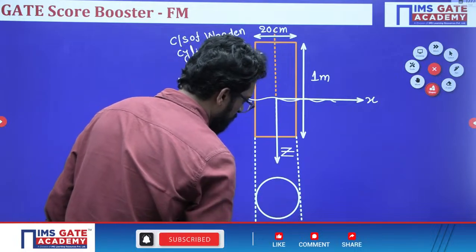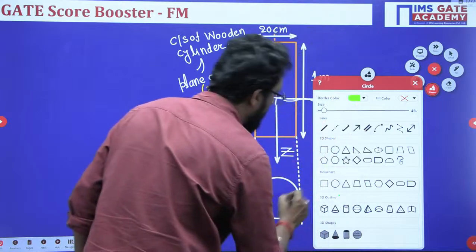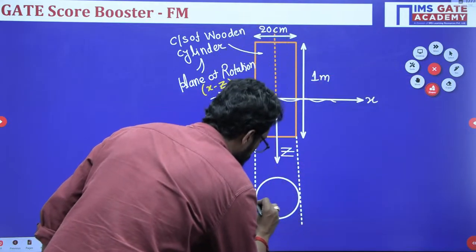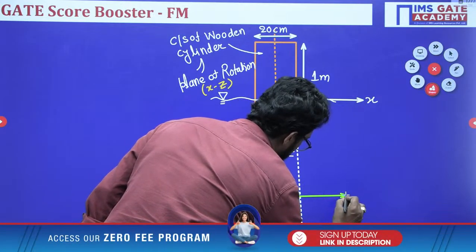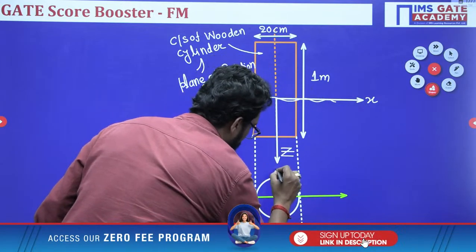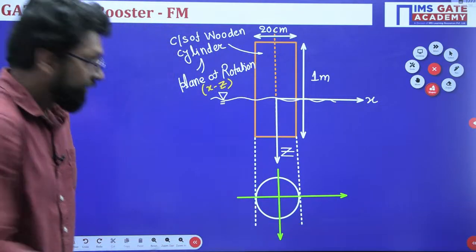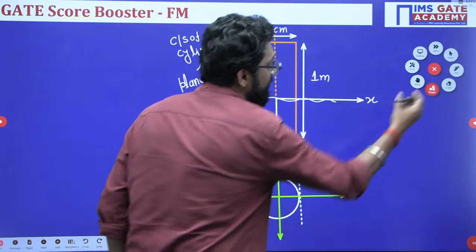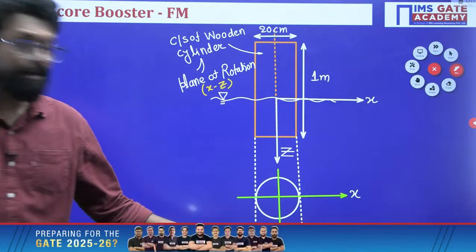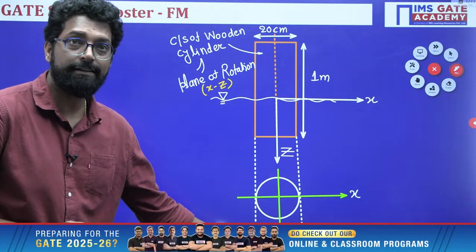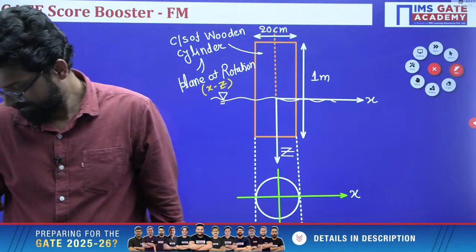Now, this has axes like that, this axis and this axis. This is which axis? X axis. And please tell me, everyone, what is this axis? Z axis? No. One second, beta.